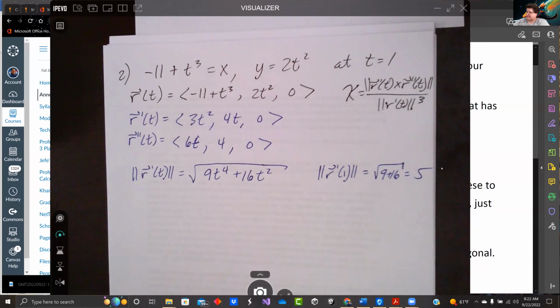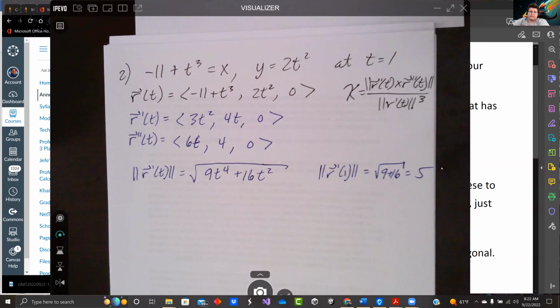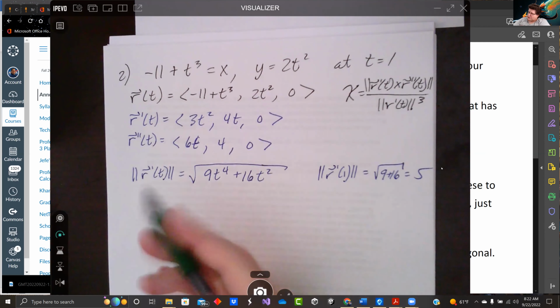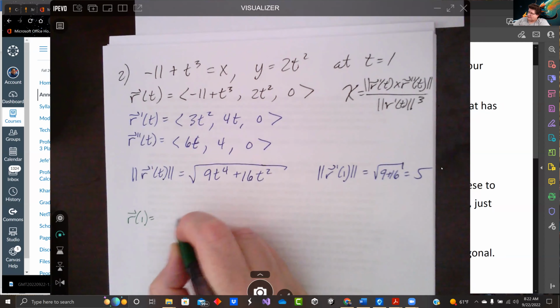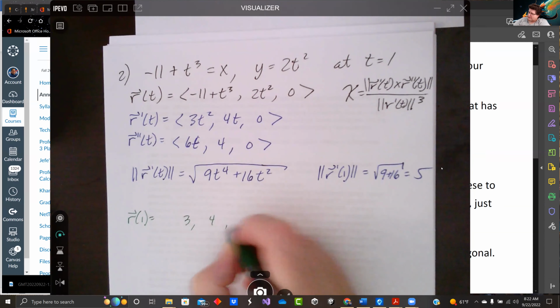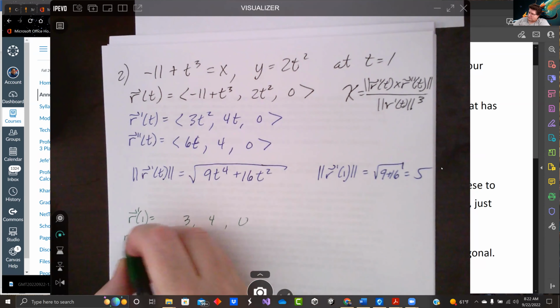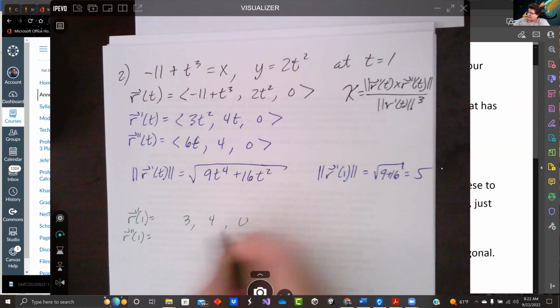You're just plugging in 1 for t. If I do r prime of 1 as a vector, I have 3, 4, 0. And r double prime of 1 is 6, 4, 0.